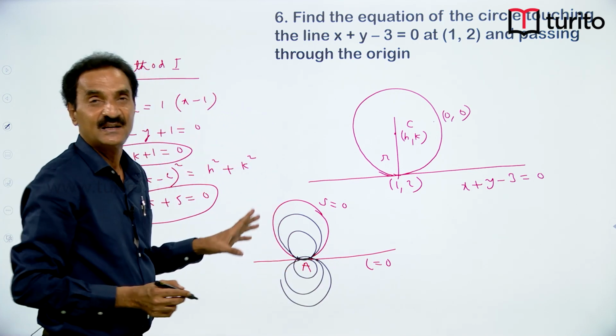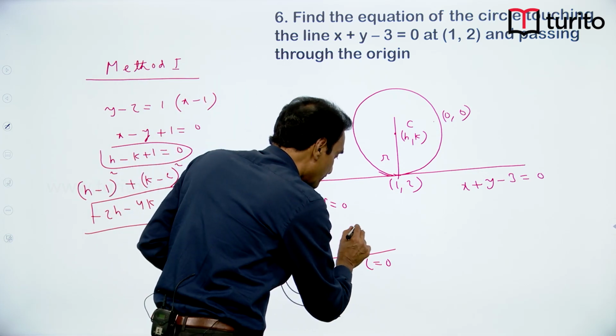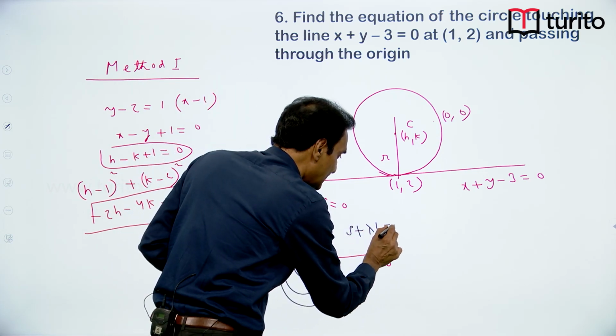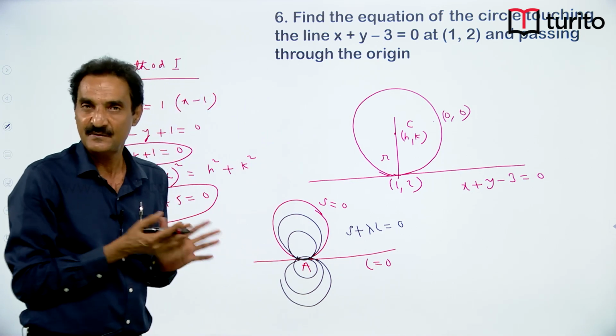Equations of all these circles will be in the form of S plus lambda L is equal to 0. This point we have discussed.